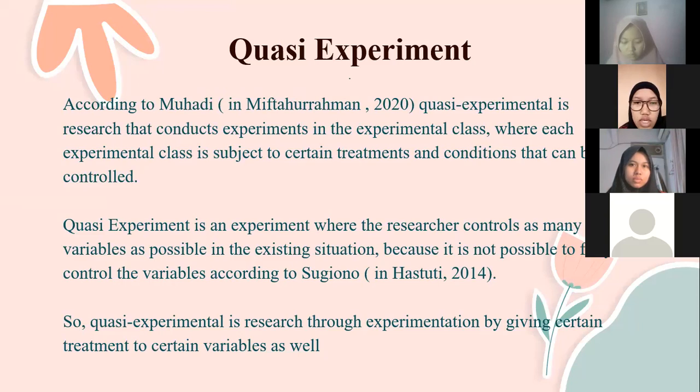And quasi-experiment is an experiment where the researcher controls as many variables as possible in the existing situation, because it's not possible to fully control the variables, according to Sugiono in Astuti 2014. So quasi-experiment is a research through experimentation by giving certain treatment to certain variable as well.